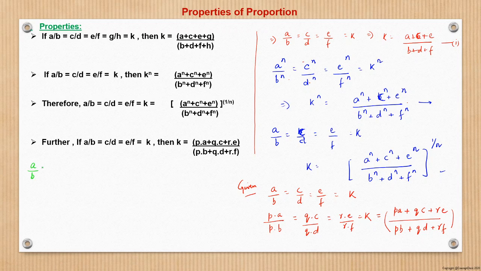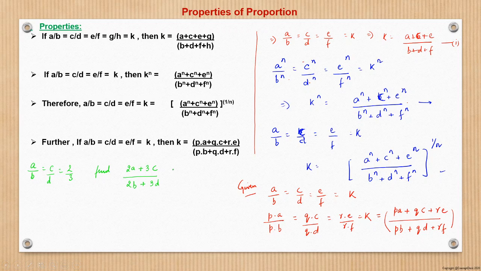Say if a by b is equal to c by d is equal to 2 by 3, and I have to find the value of, say suppose, 2a plus 3c upon 2b plus 3d.